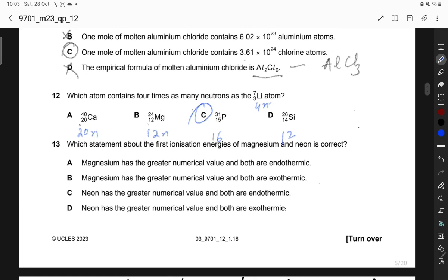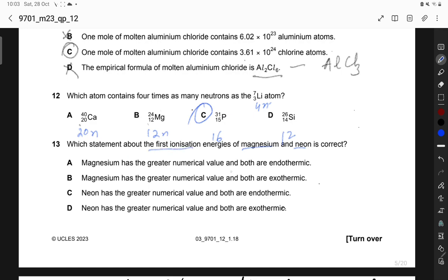Which statement about the first ionization energies of magnesium and neon is correct? Magnesium has the greater numerical value, and both are endothermic. Magnesium has greater numerical value and both are exothermic. Magnesium and neon, first ionization energy.